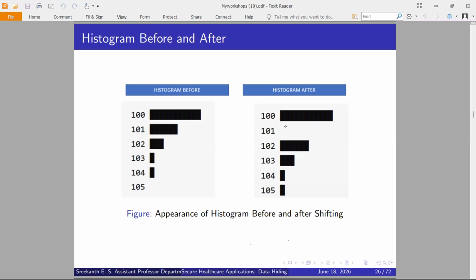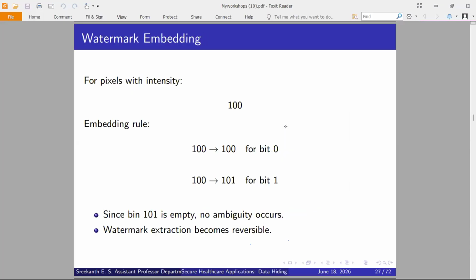Now, this 101 space is utilized for data embedding. I will show you how watermark embedding is done. So look, if you want to embed bit 0, you will not shift at all. Keep that intensity there itself. And if you want to embed 1, you will increase the value of intensity 100 to 101.